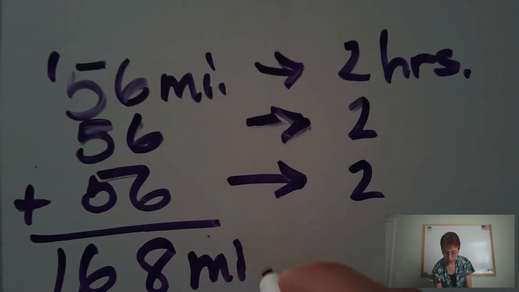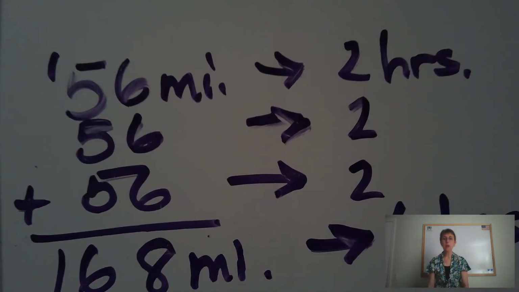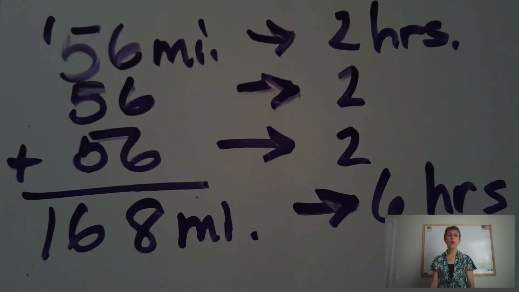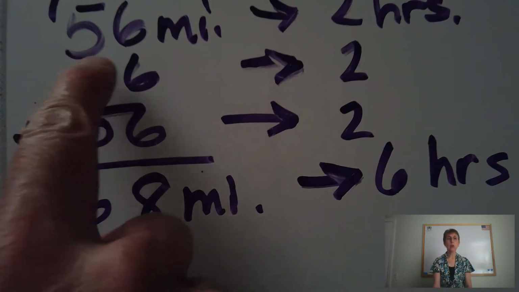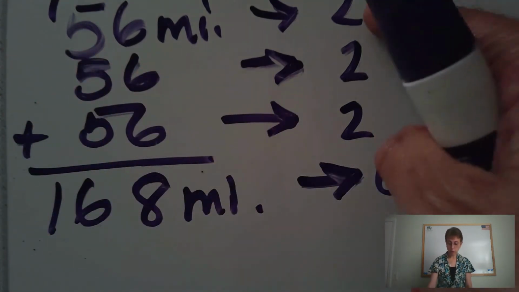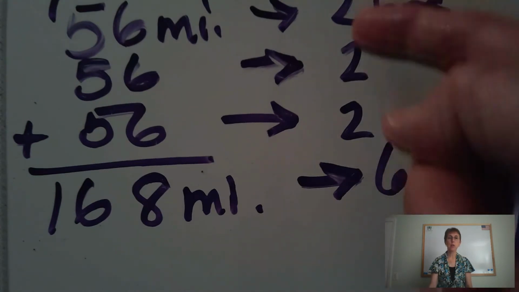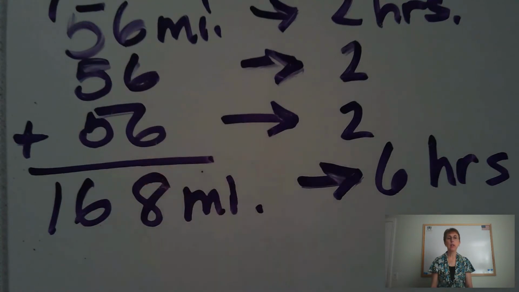And you have a total of 168 miles in 2, 4, 6 hours. Okay, so that was one way that you could very easily figure it out. Again, looking at what you had, 56 miles in 2 hours. So if you travel for 6 hours, that's 2, 4, 6. And it means 56 miles in each of those 2 hours.